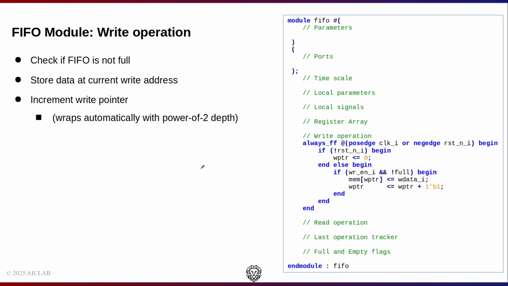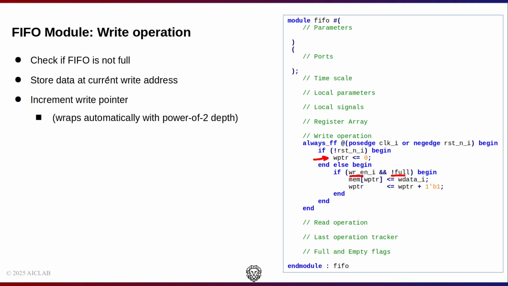Now let's look at the write operation. Here I copy the FIFO specification related to the write operation. During the write operation, the write pointer is initially set to 0 in this line. We check if the FIFO is not full. So it's a write operation and the FIFO is not full.